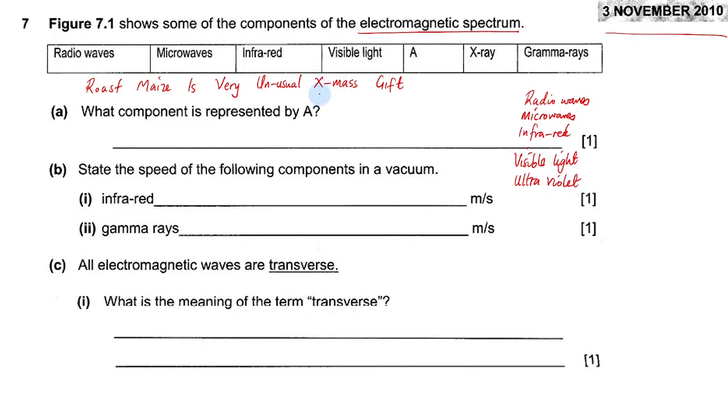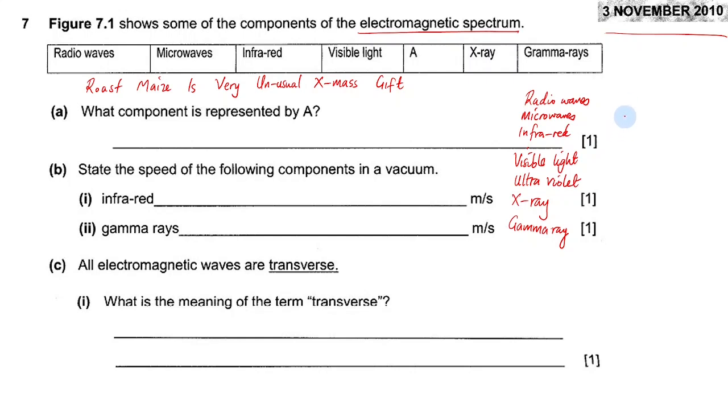Very unusual, X stands for X-ray. Then gift stands for gamma ray. So this is how we remember these. If these are not given, just memorize this. Roast maize is a very unusual Xmas gift. So you will be able to remember.